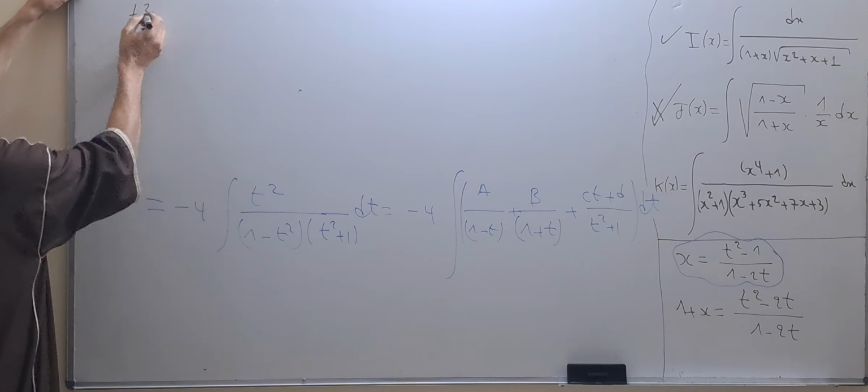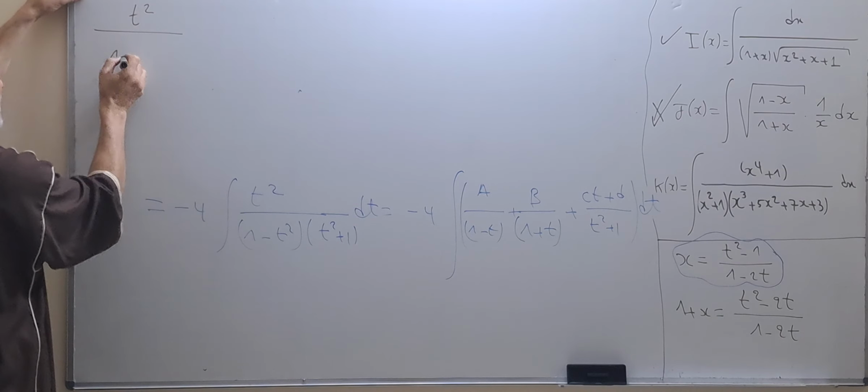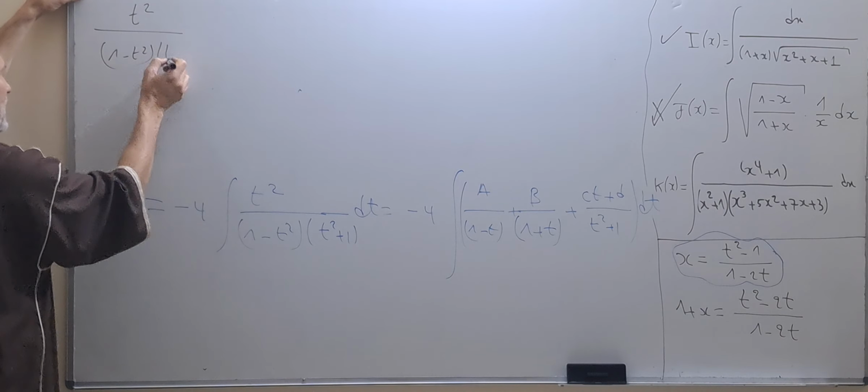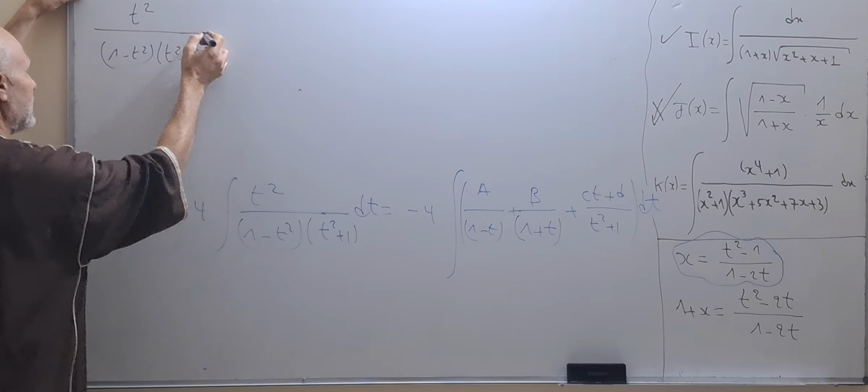We have here t square over (1 minus t square) times (t square plus 1).